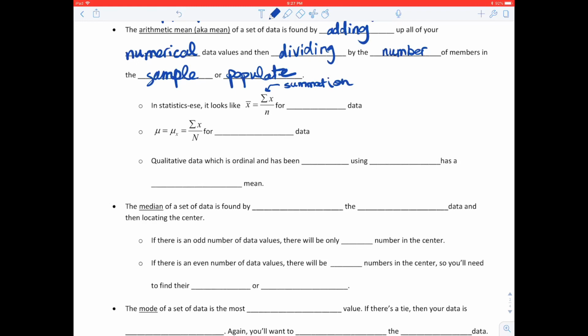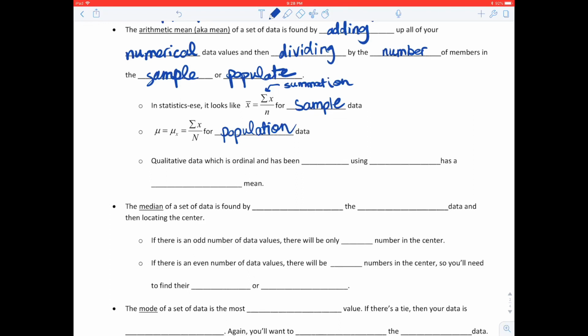So what kind of data would that be? Beautiful sample data, because it's got that lowercase n. That implies sample data. Now mu, which is sometimes denoted mu sub x to be more descriptive, would be summation x over capital N, and that would be for population data.